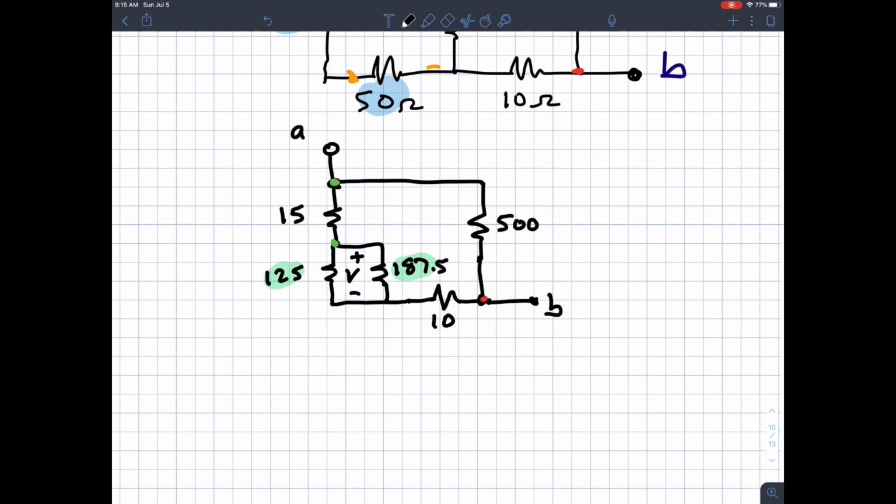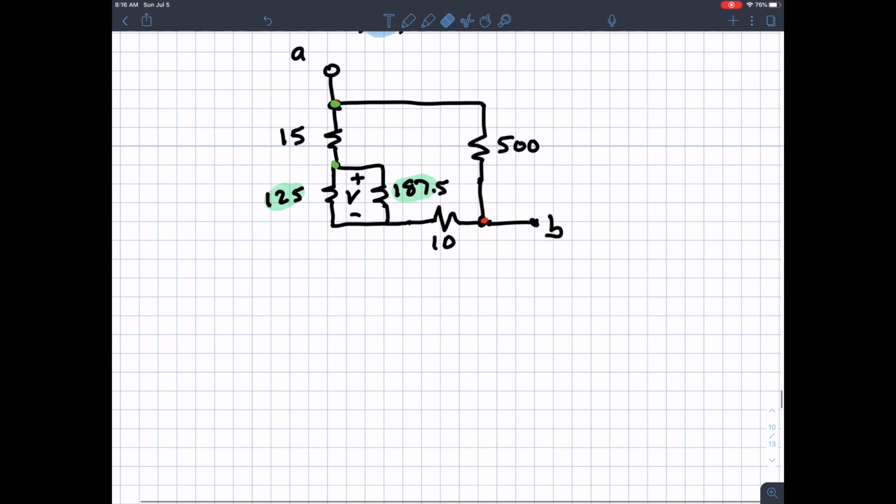If you call that voltage V and you wrote a little KVL loop around here, you'd get a drop of V across the 125 and then a rise of V, so V is equal to V. That's one way of explaining it. It's the same voltage across them, so those are in parallel.